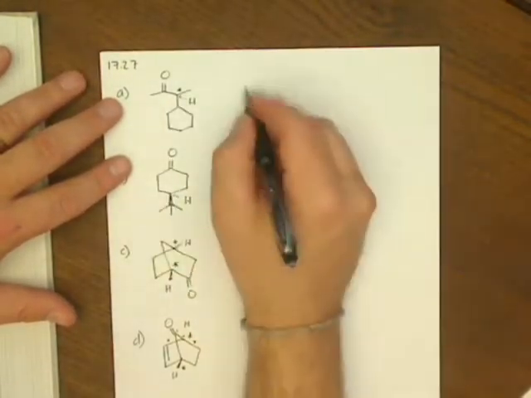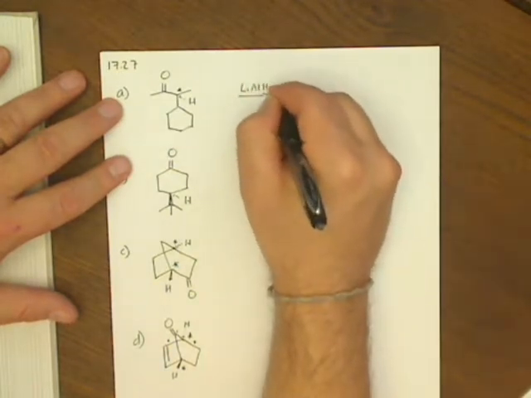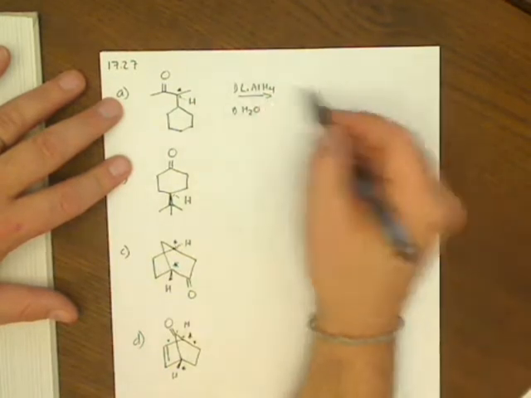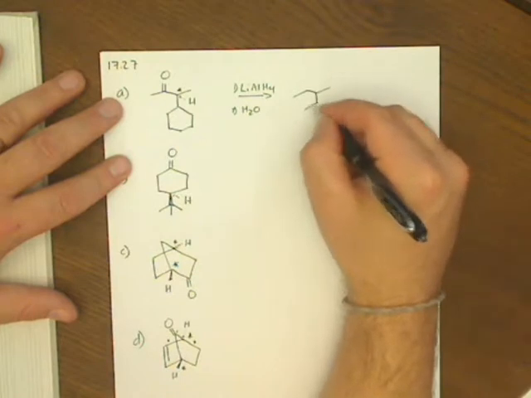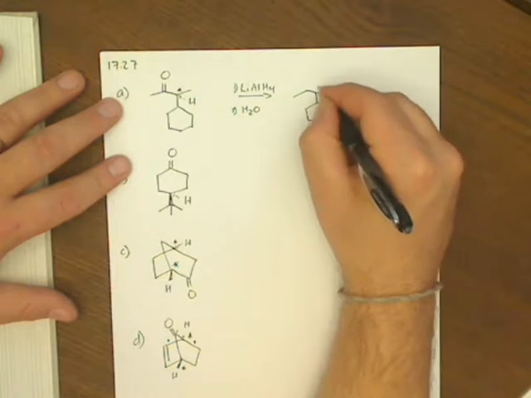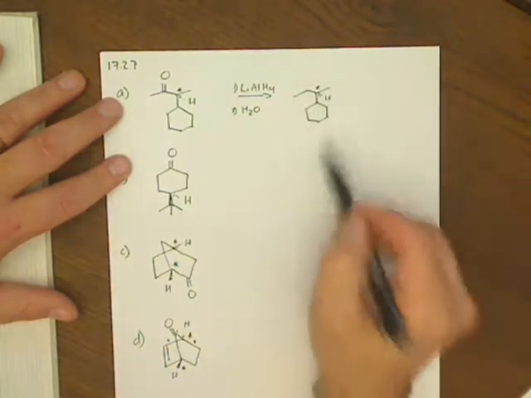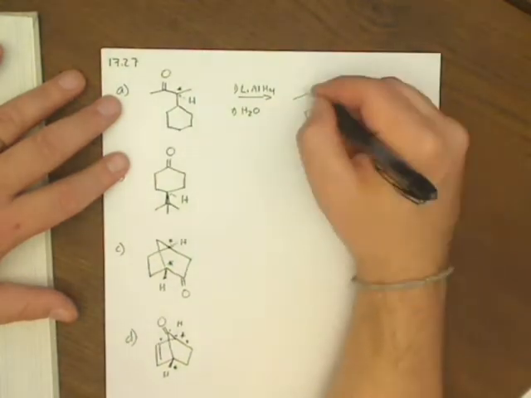We have a stereocenter here. If we were to do hydride reduction, LiAlH4, and in the second step we add some water to furnish the proton of our new alcohol, the products are going to look like this. We have our established stereocenter here, and we create a new chiral center here.